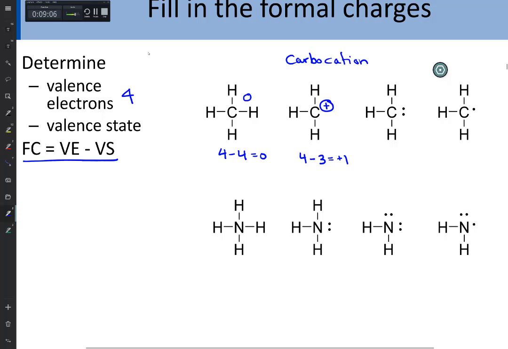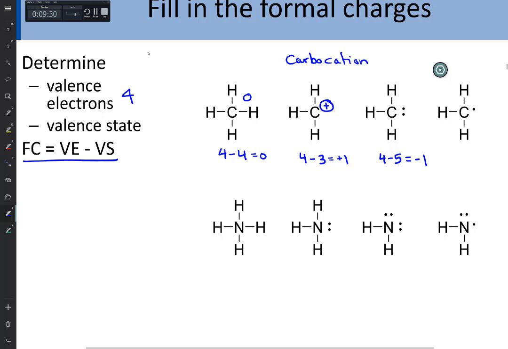What's the formal charge of the next one? 4 minus 5, because there's a pair of electrons here. So you would count 1, 2, 3, 4, 5. And this is minus 1.